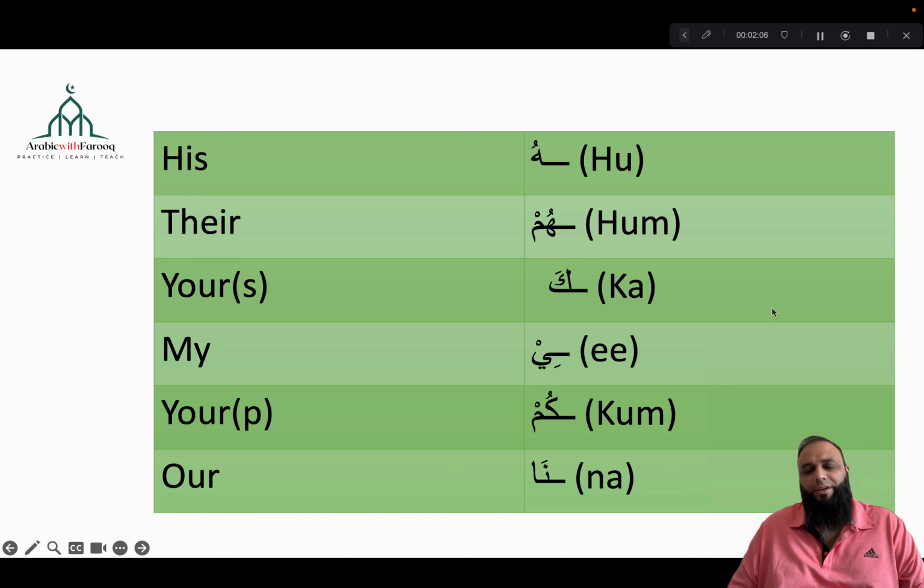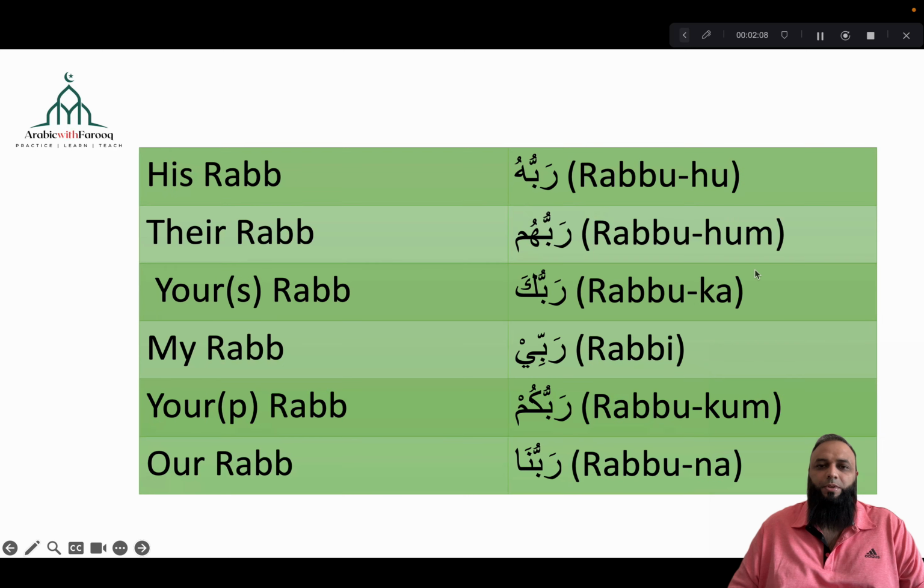So let's look at an example with some alphabet. Rabbuhu. From the previous table we saw his, and when you say Rabb, which means Lord, you say Rabbuhu, which means his Rabb, or his Lord, or his master.